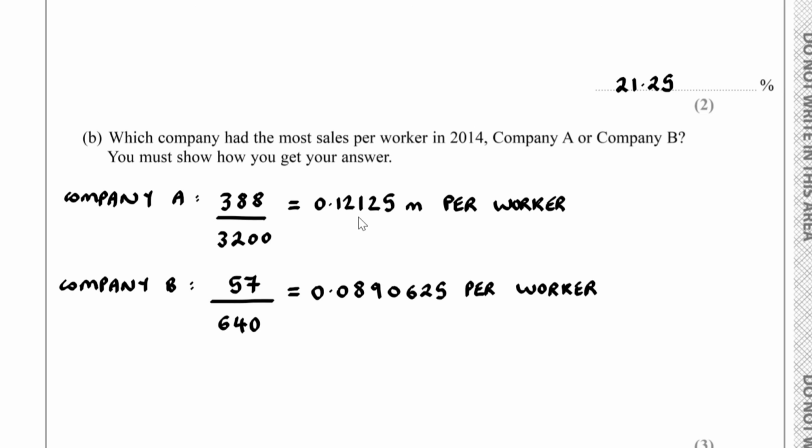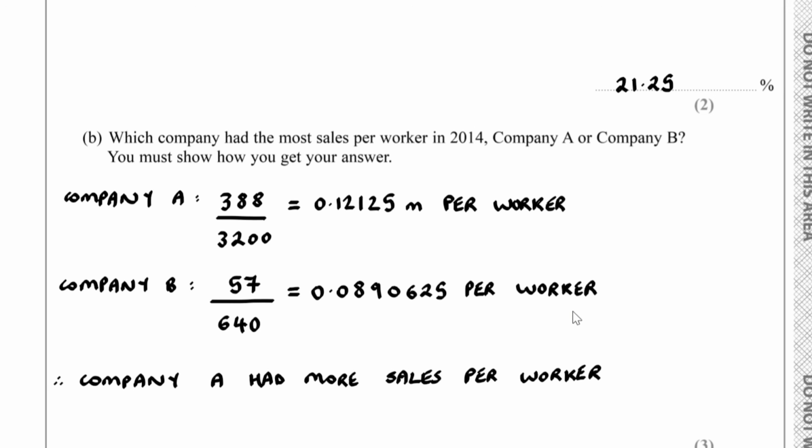And because this amount is smaller than this amount, company A had more sales per worker in 2014.